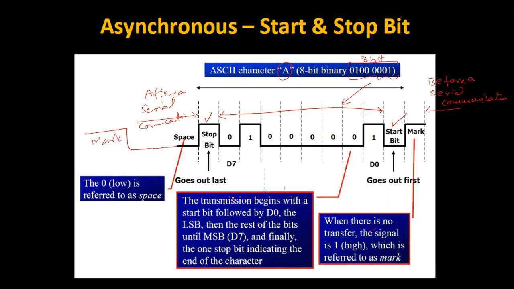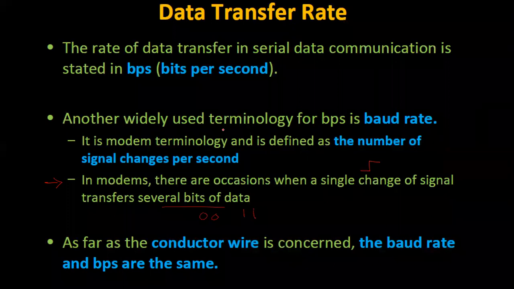Okay, and of course अगर इसको continue करें तो it was a low at some time, और उसके बाद यकीनन कहीं ना कहीं कोई serial transmission हुई होगी. So before and after serial communication there is this one character signal transmission like this. ठीक है, so it starts as asynchronous communication.